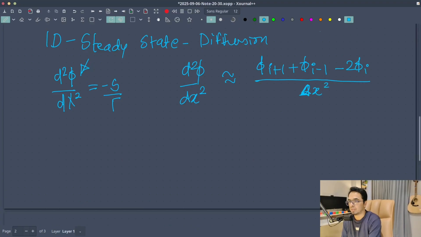And what stencil do we adopt for this? Very simply, if this is phi I, this is phi I plus 1, this is phi I minus 1. It is that simple.